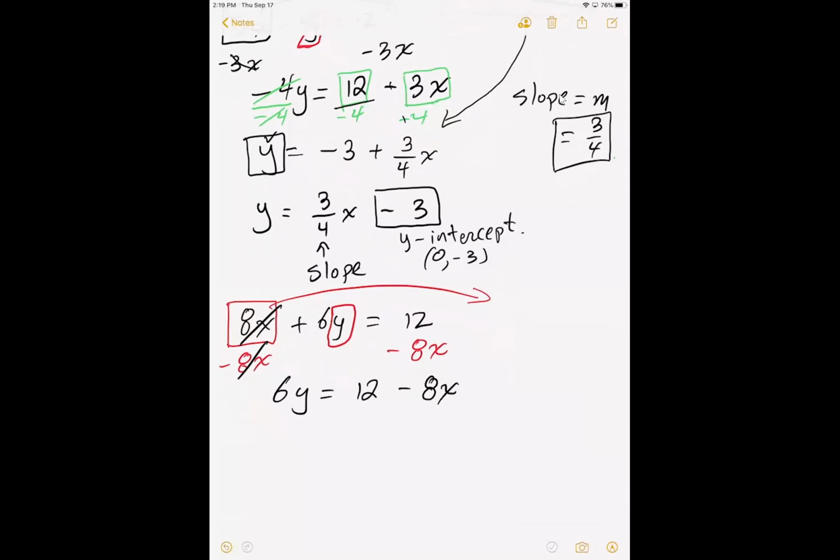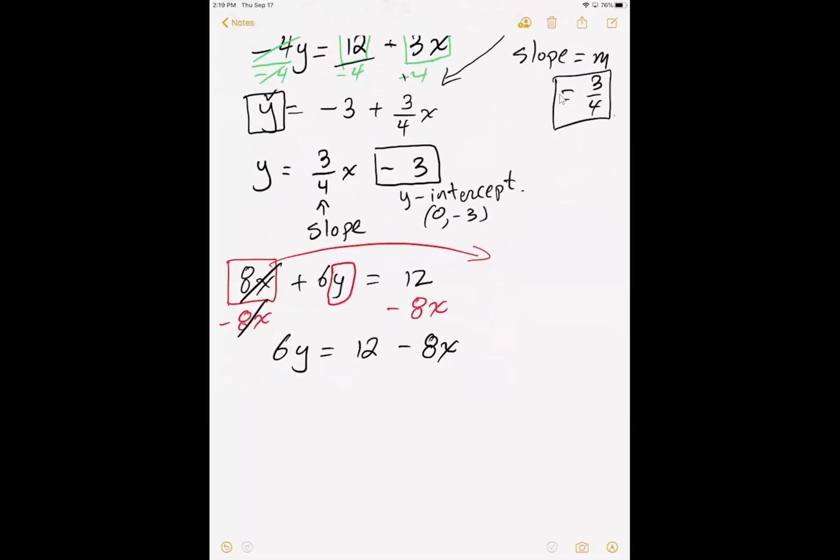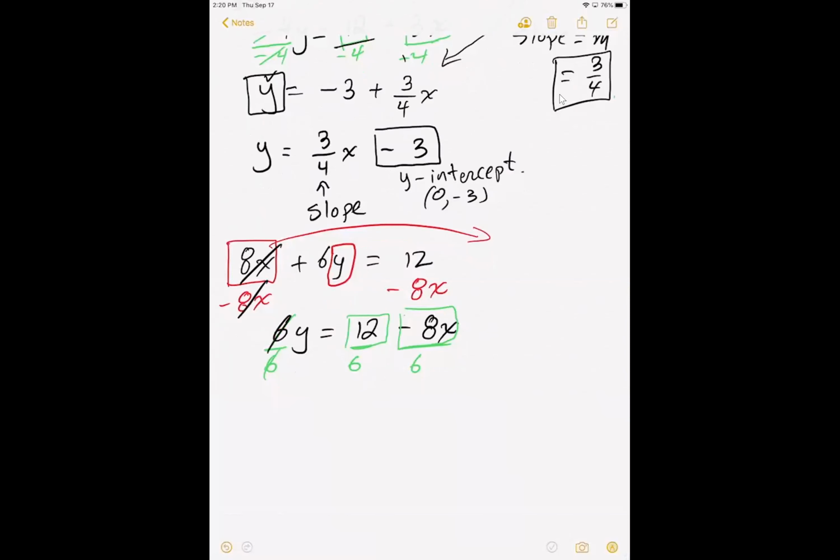I cannot subtract them or add them because they are unlike terms. Once I have this item here, just like before, I need to divide by 6. I need to get rid of the 6. And just like before, I need to divide by 6 to every single item I have. So given this item here, I have this. This thing cancels.